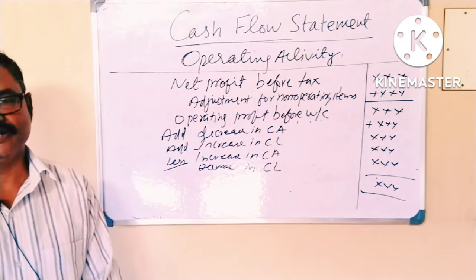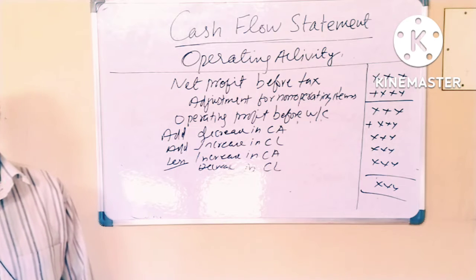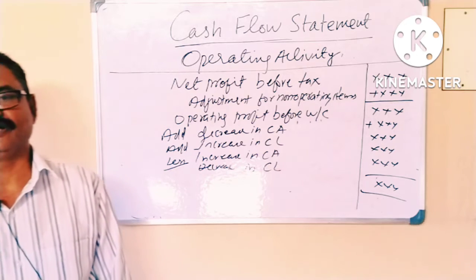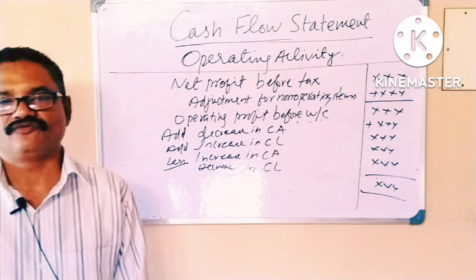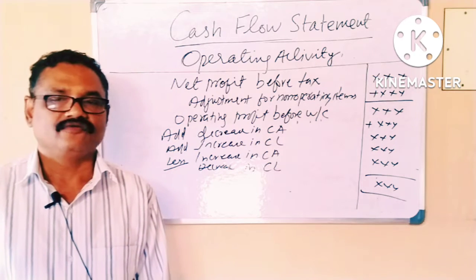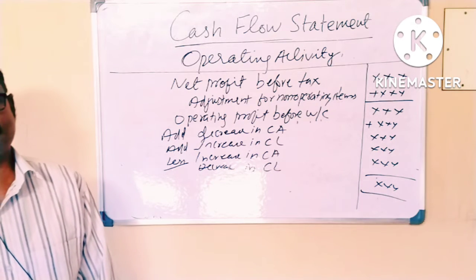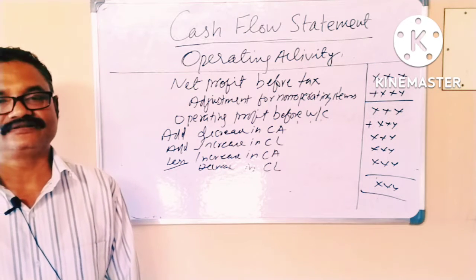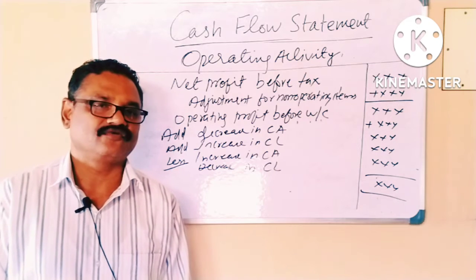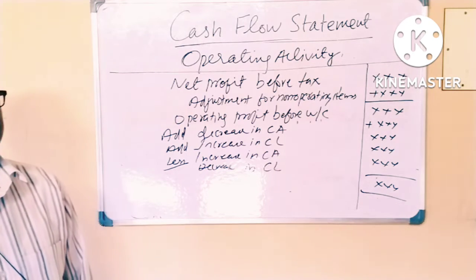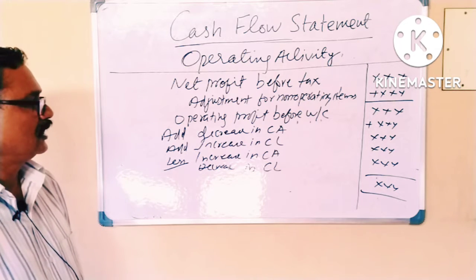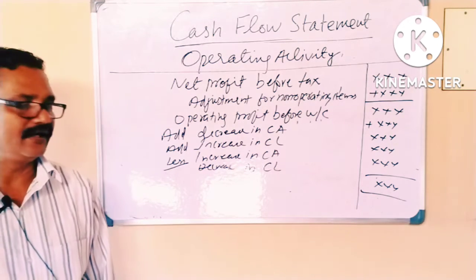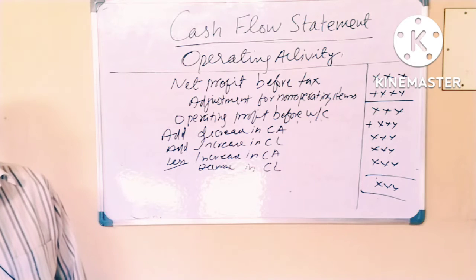See, there are three sections in a cash flow statement. First one, operating activity. Second one, investing activity, and third one, financing activity. Operating activity is related to adjustments for non-cash expenses, profit, then decrease in current asset, increase in current liability, increase in current asset, and decrease in current liabilities.